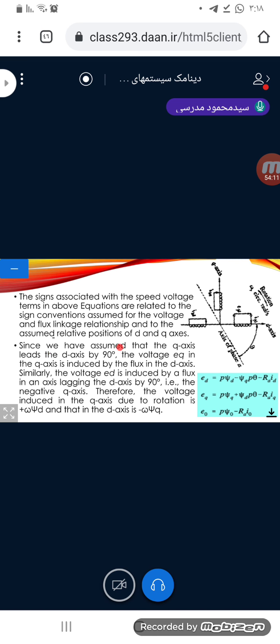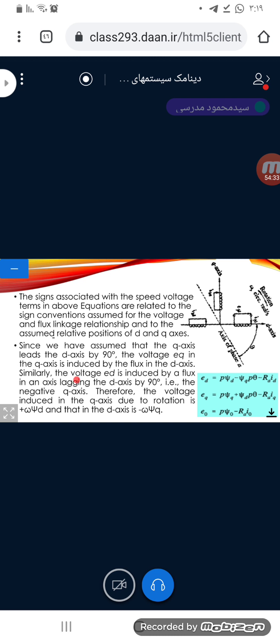Since we have assumed that the Q axis leads the D axis by 90 degrees, the voltage EQ in the Q axis is induced by the flux in the D axis.